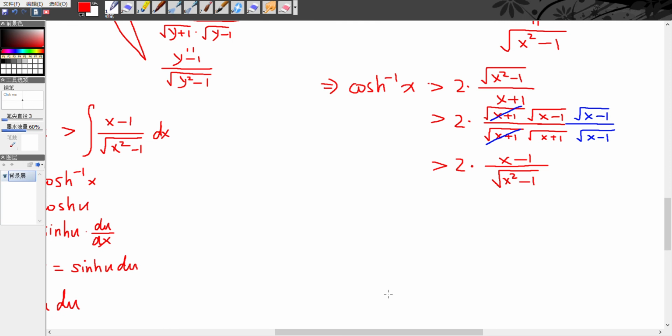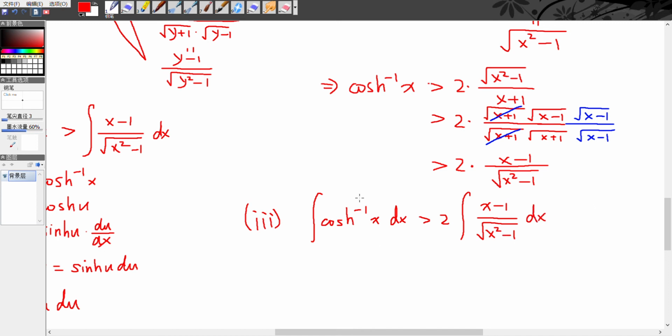So if we integrate both sides of this inequality, integration cosh in arc cos x dx is bigger than 2 times the integration of x minus 1 over the square root of x squared minus 1 dx.